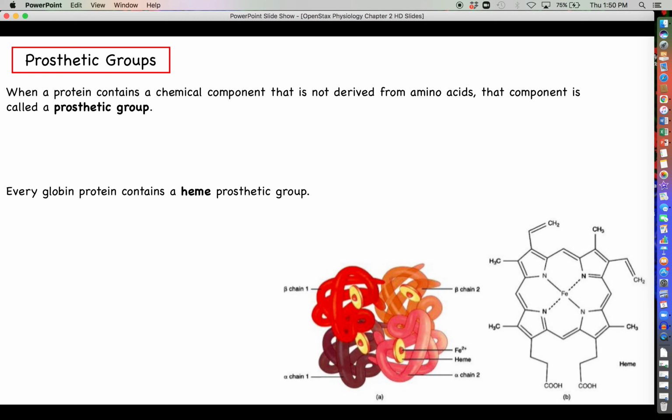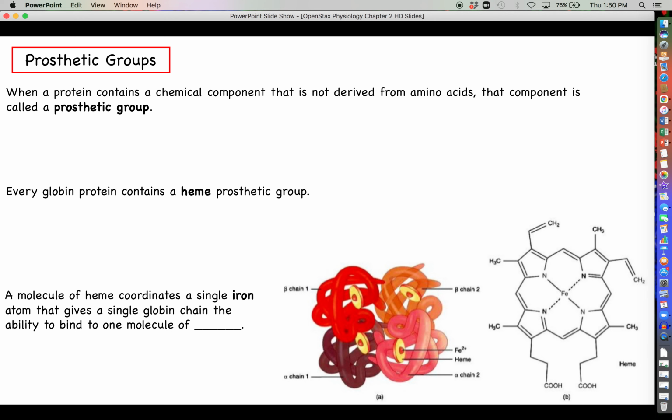In this case, globin proteins like the globins in hemoglobin and myoglobin itself all have what is called a heme prosthetic group. So this molecule of heme you see over here on the far right, the most important aspect of what's called the porphyrin structure is that at the center is coordinated a single iron atom.